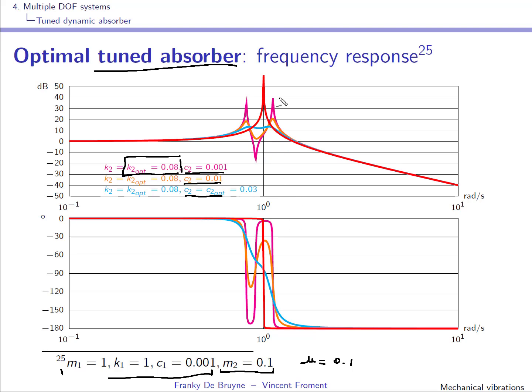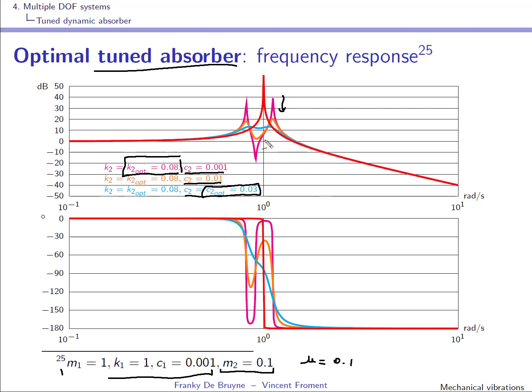I start with a lightly damped system, and then I use more and more damping until I obtain my optimal damping coefficient that I can compute using this second formula of the previous slide.